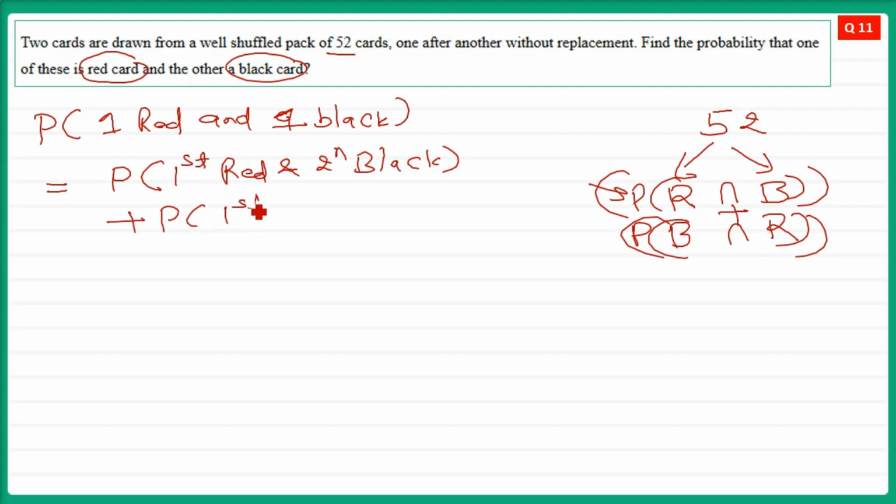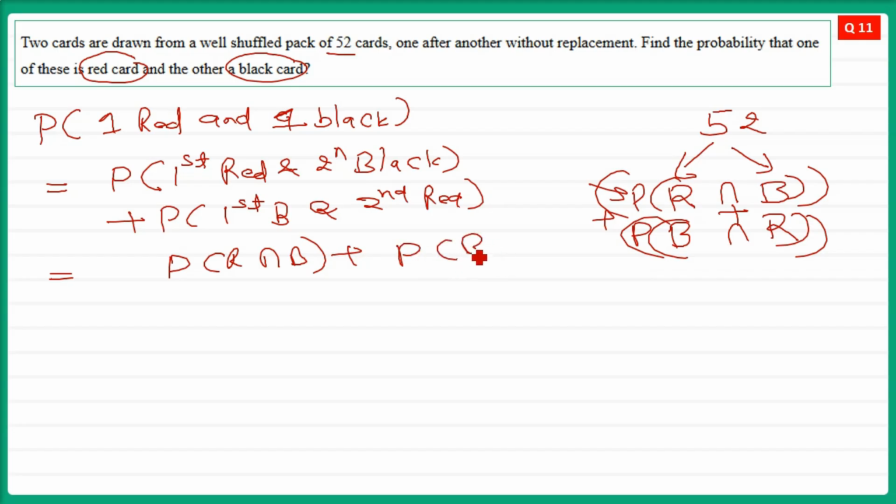The second case can be the first card coming out to be black followed by the second card which is red. This is the probability of B ∩ R, which I am representing on the right hand side. R comes first, black comes second, then black comes first and red comes second.